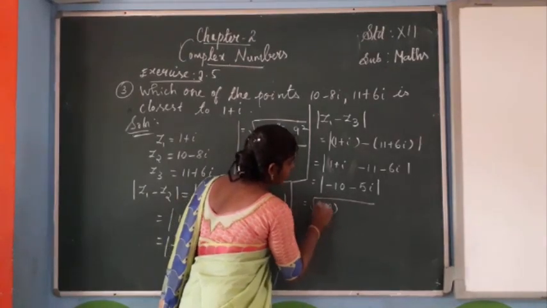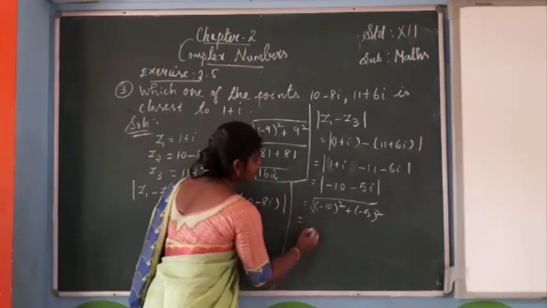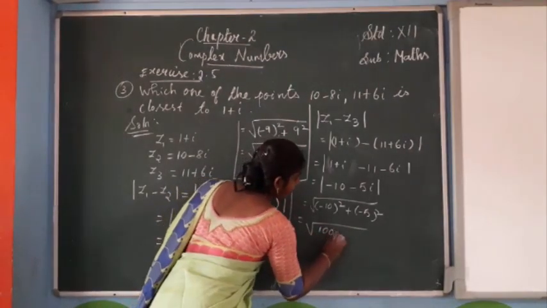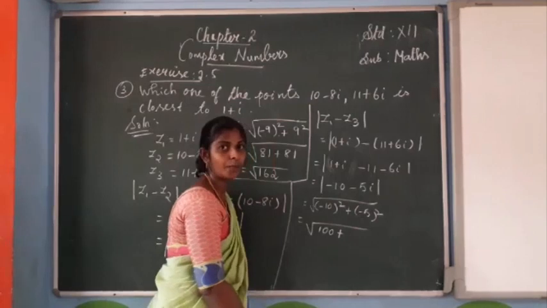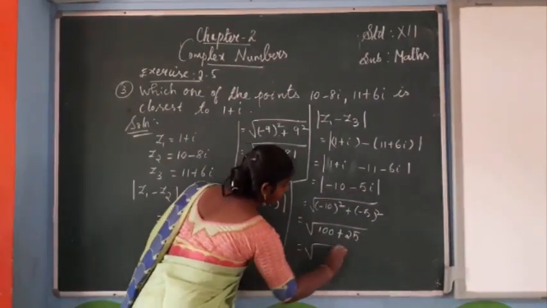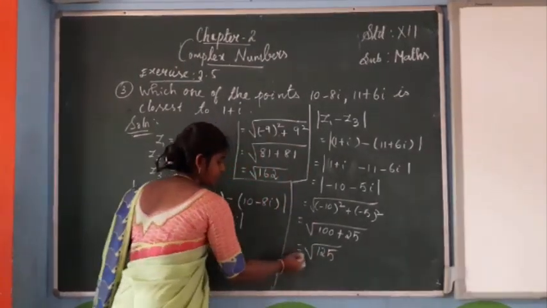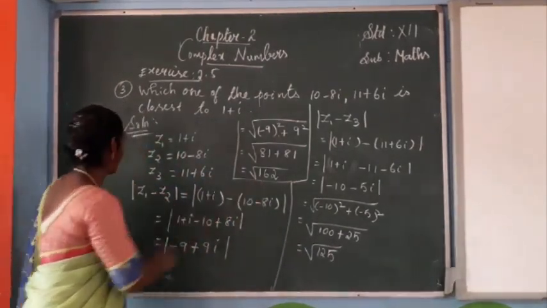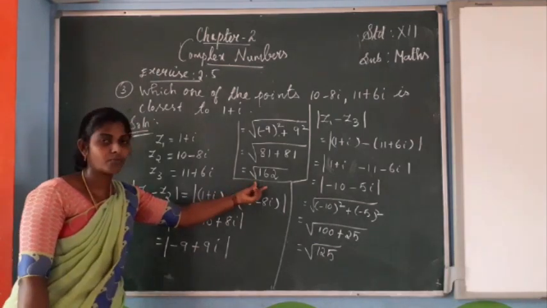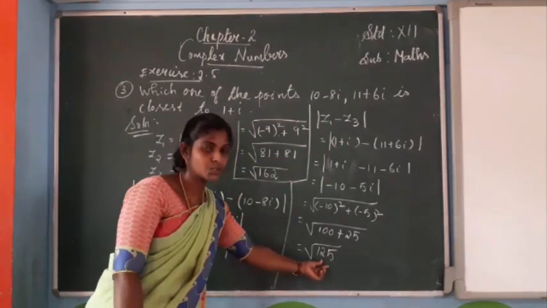So minus 10 the whole square plus minus 5 the whole square, which is root of 100 plus 25, equal to root of 125. So from here we got modulus Z1 minus Z2 is root of 162 and modulus Z1 minus Z3 is root of 125.